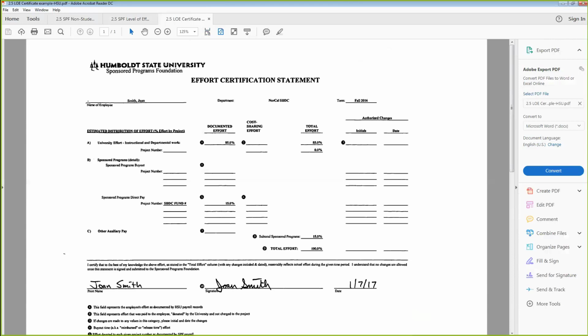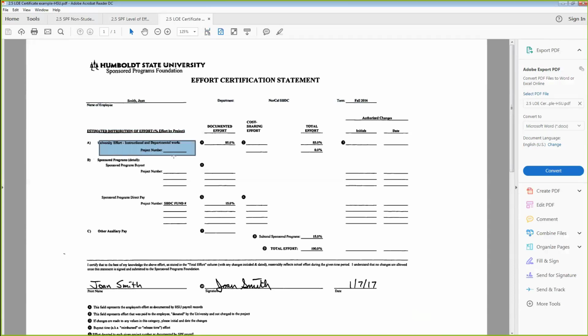So the employee name goes here, the department, NorCal SBDC, the term, so this is done on a semester basis, and then the distribution of effort. So university effort and department work.